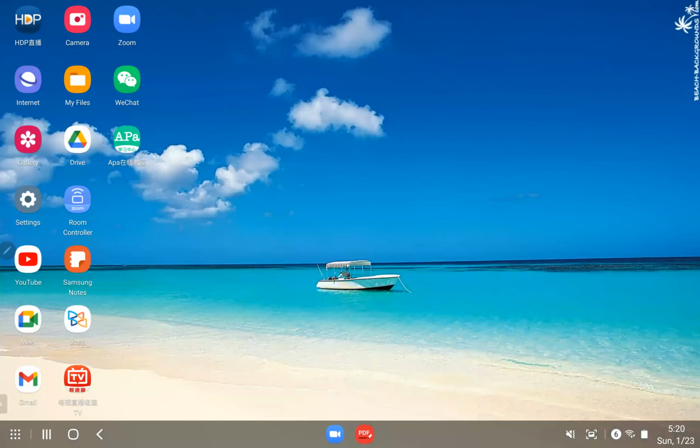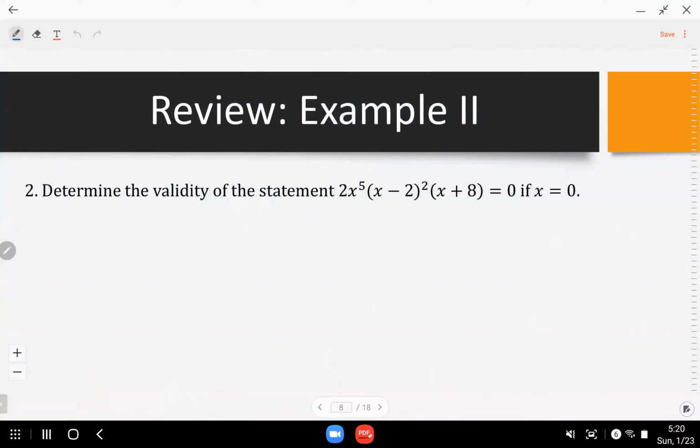Okay, so determine the validity of the statement. Well, we don't even need to solve the rest of this, right? Just plug in 2 times 0 to the 5th and times x minus 2 squared times x plus 8. Well, 0 to the 5th, we talked about this last class, everything multiplied by 0 is going to be 0, right?